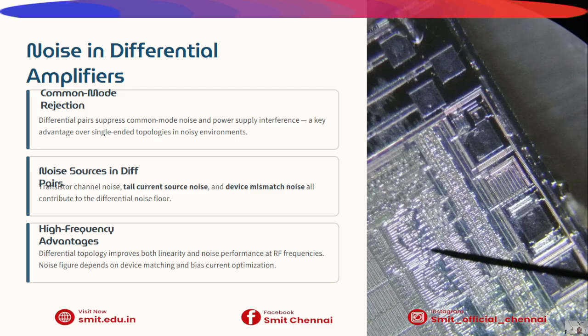At high frequencies, differential amplifiers generally provide better linearity and improved noise performance. For this reason, differential architectures are widely used in RF communication systems, mixed signal integrated circuits, and precision analog applications.